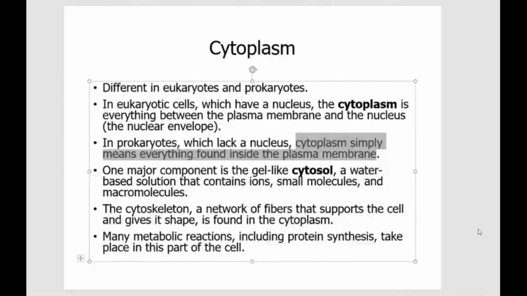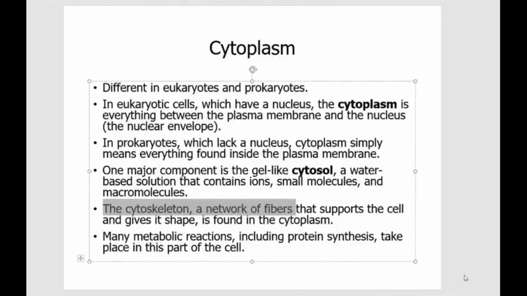In the cytoplasm, you have the more watery, or really gel-like component, that's called the cytosol. Besides the cytosol, you may have something that's not dissolved in the cytosol, something more solid. For example, the cytoskeleton. That's a network of fibers that supports the cell and gives the cell its shape.